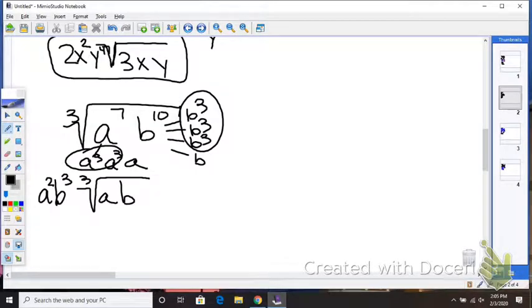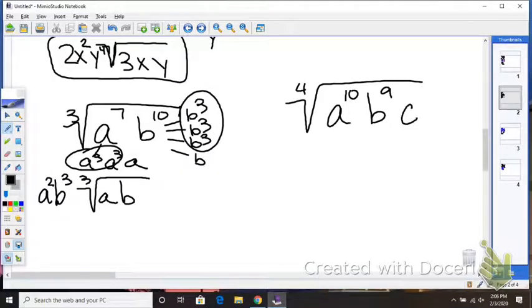Okay, let's do one more. This time I'm going to raise it to the 4th power. Okay, so I've got the 4th root of a to the 10th, b to the 9th, and we'll do c to the 15th.